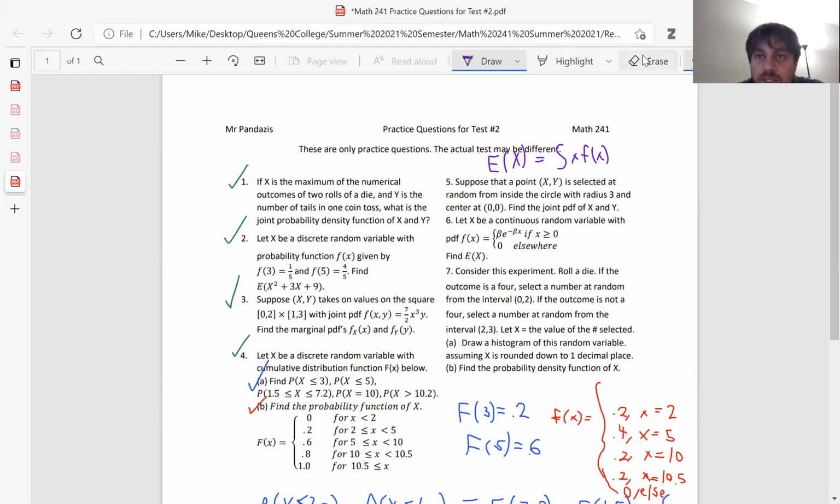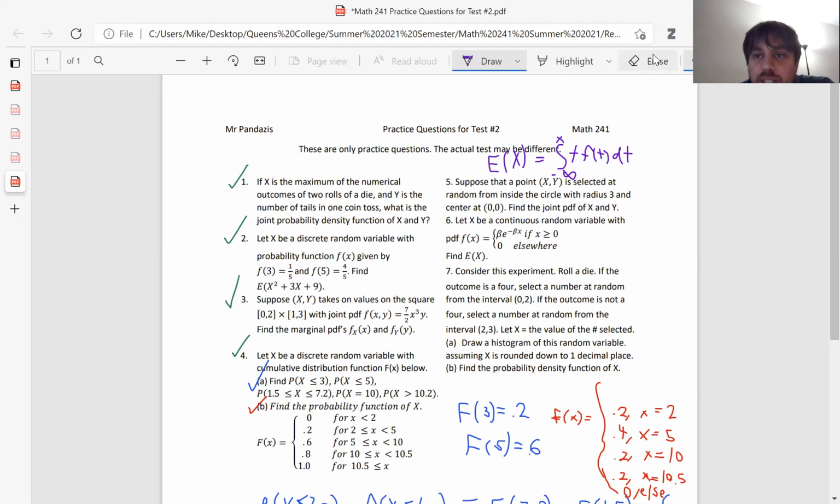right? Oh, and it's not x. Well, you're talking about x, but you need a dummy variable because you're going to integrate from negative infinity to that value of x. Oh, sorry.